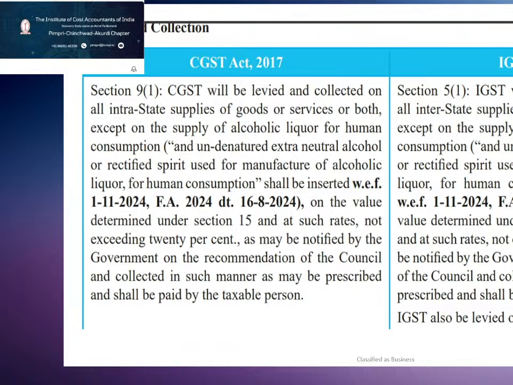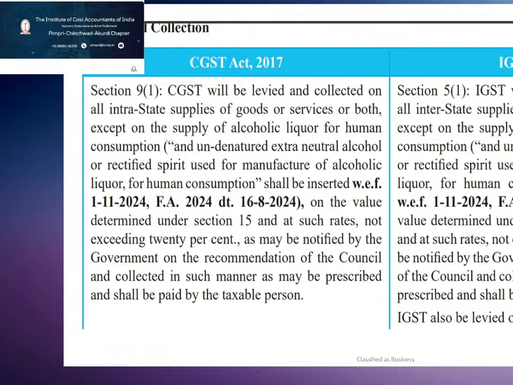Parallelly against that, it is under the IGST Act 2017. So wherever you find something like 9 subsection 1 or 5 subsection 1, you should not get confused. It is similar, but the only difference is the percentage. So we will have a look at this subsection 1.